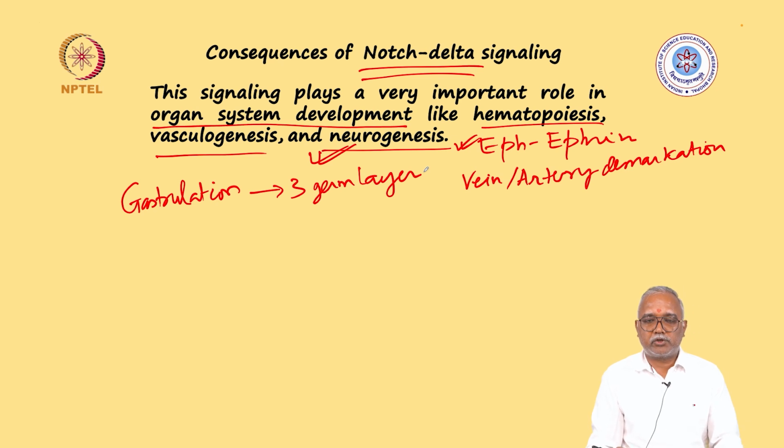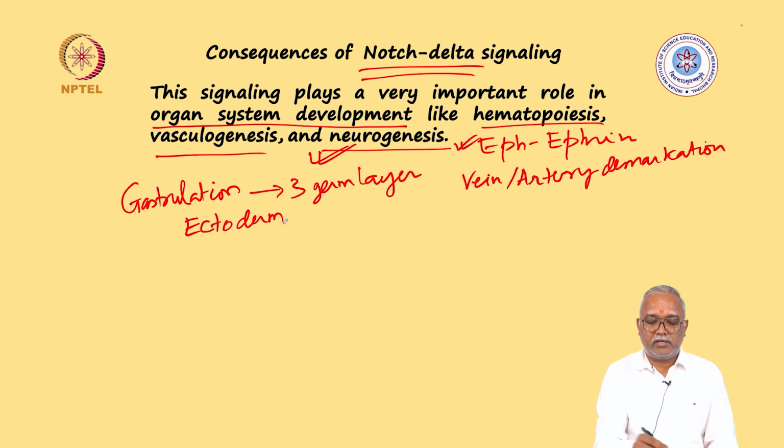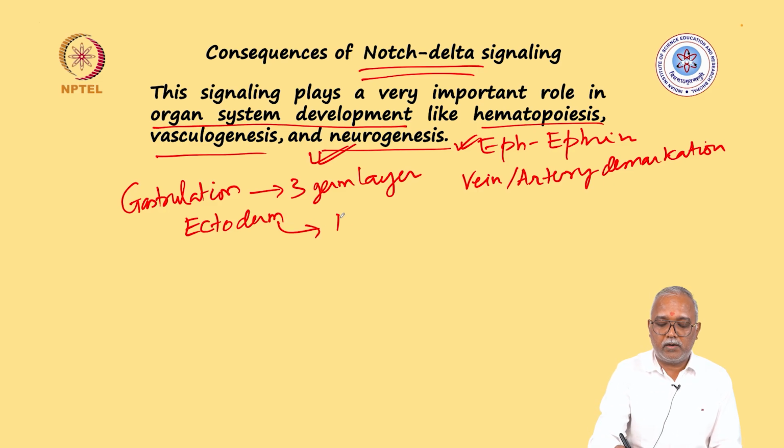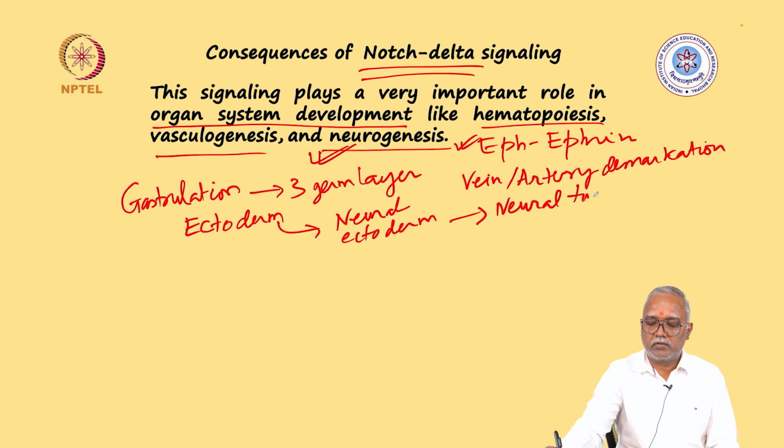From the germ layer which is called ectoderm, the one which is present apparently outside, a part of the ectoderm is defined to become the neural ectoderm, and this neural ectoderm undergoes the signaling and converts into the neural tube and further the brain and other CNS components.